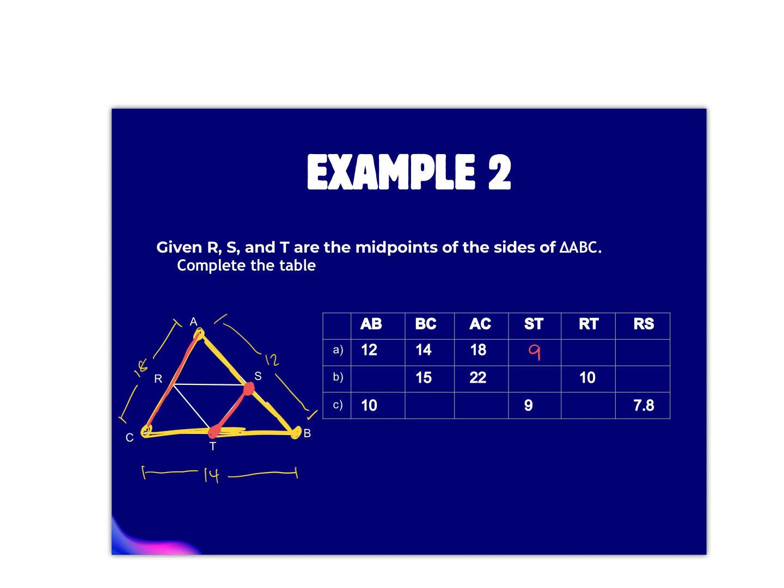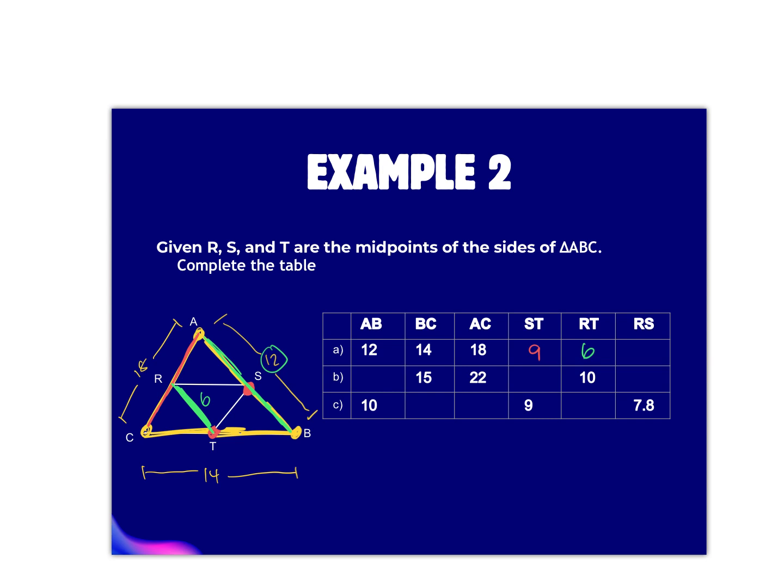Now I go to RT, so I'm going to erase ST. RT is this one, and so I know that it's parallel to AB over here. And I know that it's half, so if AB is 12, RT has to be 6, okay?